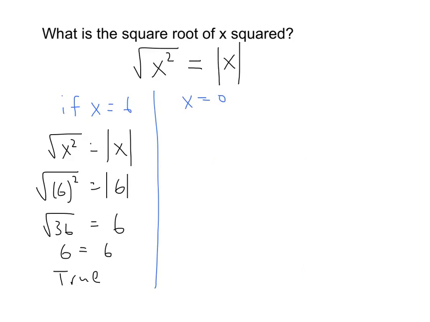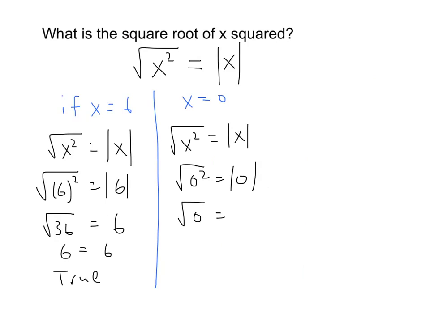Is the square root of 0 squared equal to the absolute value of 0? The absolute value of 0 is 0, and the square root of 0 is 0. So 0 equals 0, that's true.